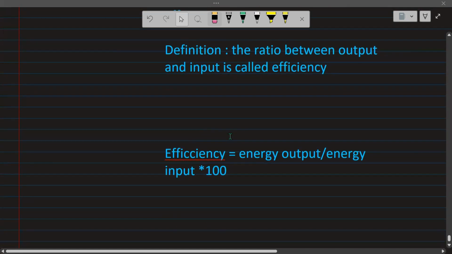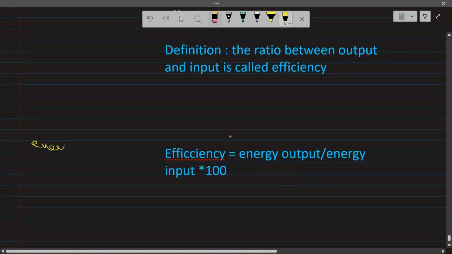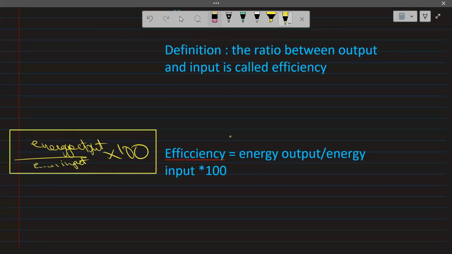And how do you take out efficiency? You take it out by energy output upon energy input, times 100. Okay, so this is how we take out efficiency.